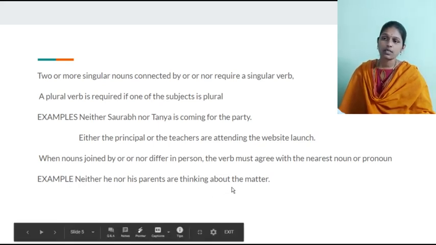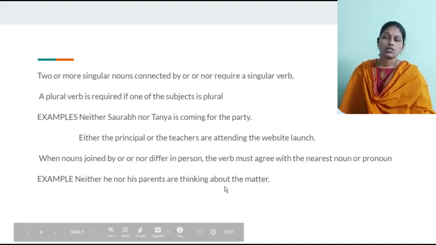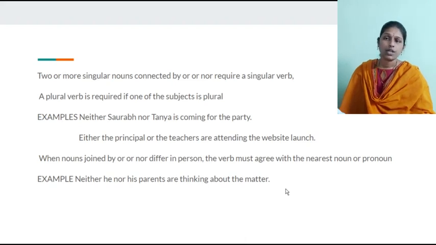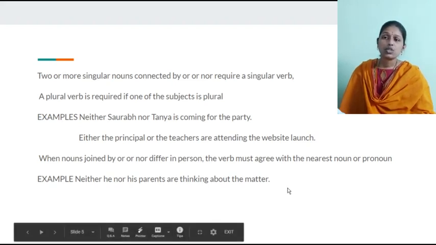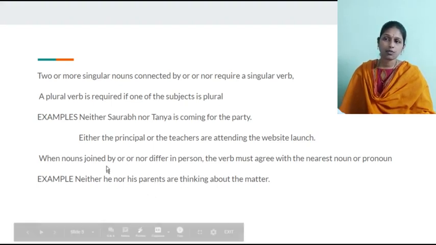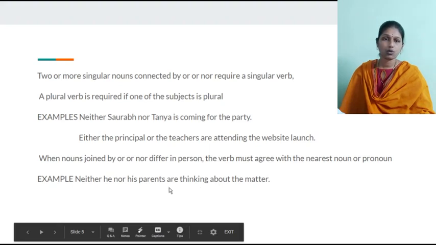His parents is plural, so we used a plural verb here. Nearest means the noun which is nearest to the verb. If it is singular, we use a singular verb. If it is plural, we use a plural verb.